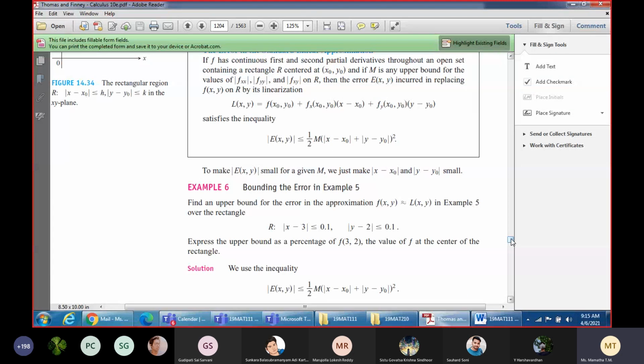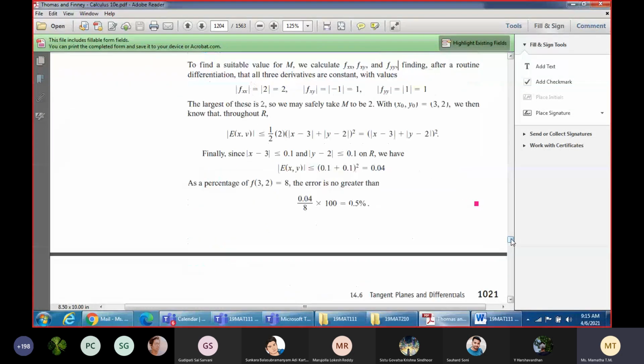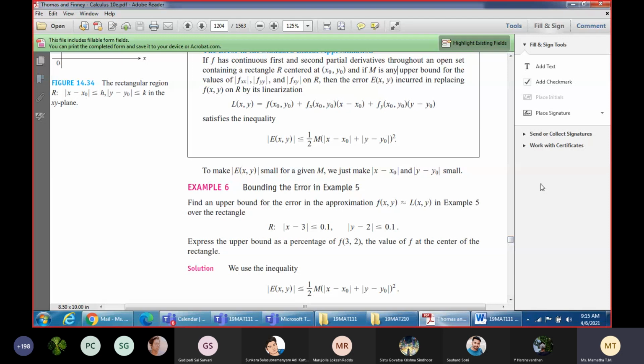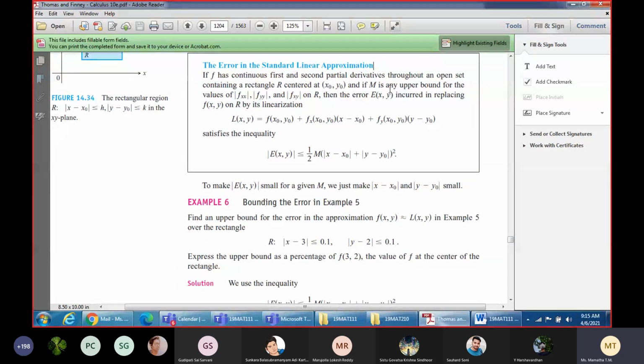Here M deals with the second derivative in this formula. M is an upper bound of the values of mod f, dou square f by dou x square, dou square f by dou y square, and dou square f by dou x dou y. Okay, ma'am. So the upper bound is the highest value that you get for these second derivatives with the absolute sign, positive value. Okay, ma'am.